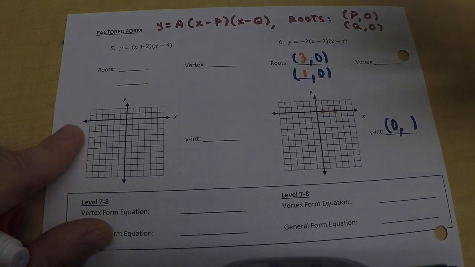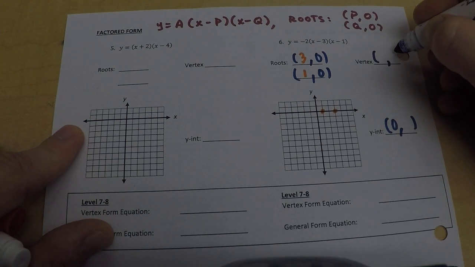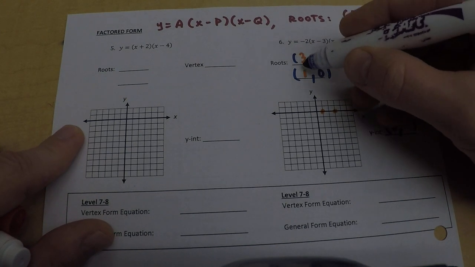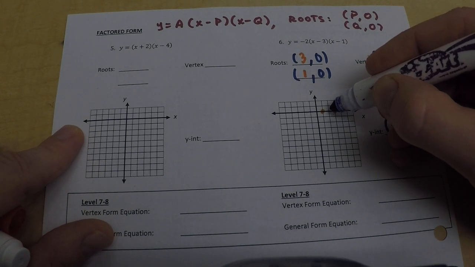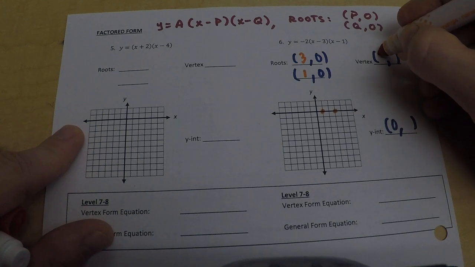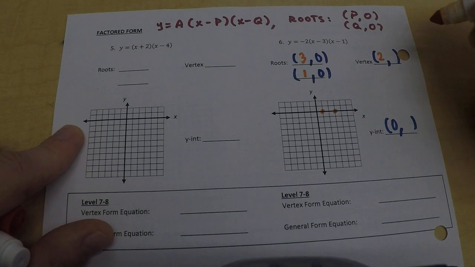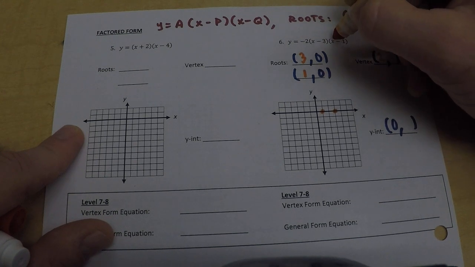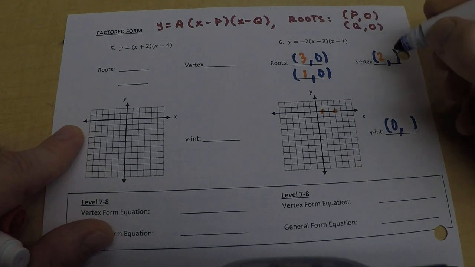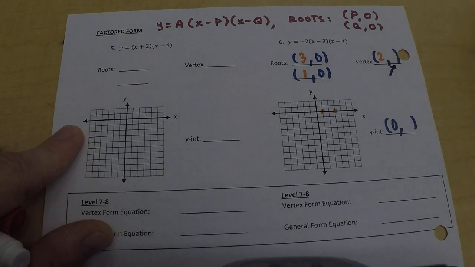Now we know that the vertex has to happen right in between those. So the number between 1 and 3 is 2. So I know this has to be a 2. Whenever you need a y value, you take your x value, put it in for x to get this number.